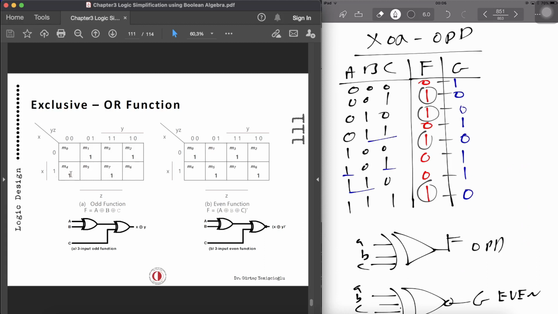So this is x prime, y prime, z. This is x prime, y, z prime. This is x, y prime, z prime. And this is x, y, z. Okay, so this is exclusive OR. And exclusive NOR is similar, and you cannot combine them with anything else either.